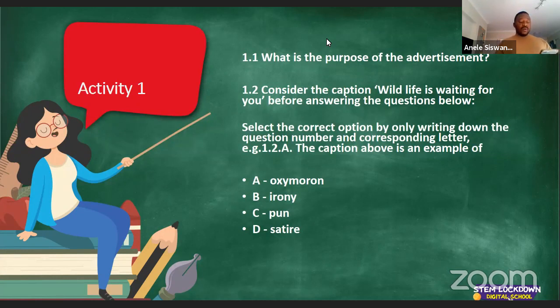So by definition, irony is the expression of one's meaning by using language that normally signifies the opposite, typically for humorous or emphatic effect, right? So again, I encourage you to use your dictionaries to try and understand the definitions and the meanings of all of these words that we use.